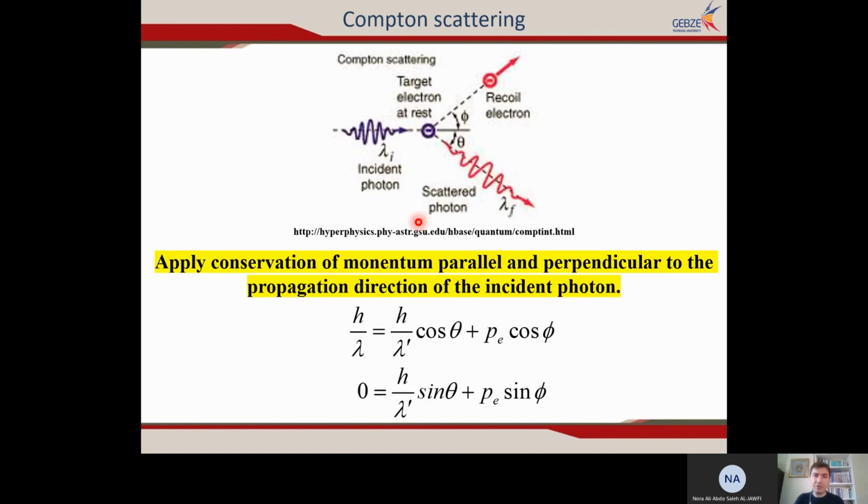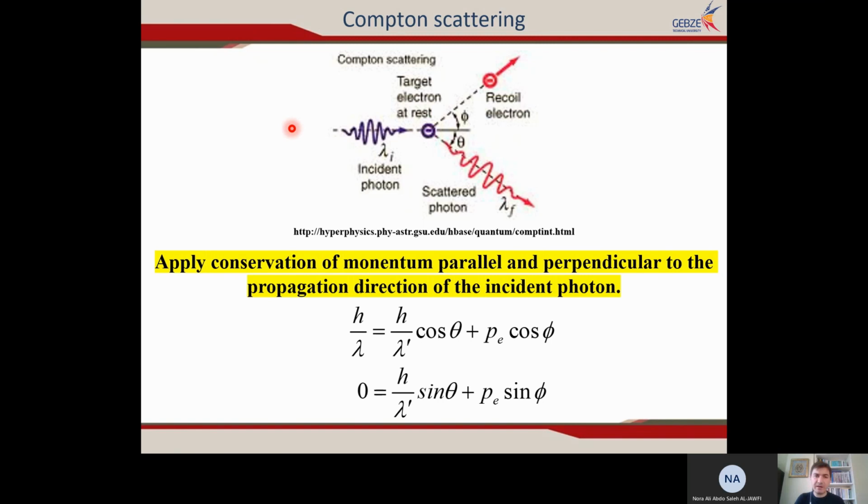Now let me continue with Compton scattering and explain it in a little more detail. Here we have an incident photon. It comes with a certain initial wavelength and initial energy. And here, just consider that we have an electron at rest, okay?